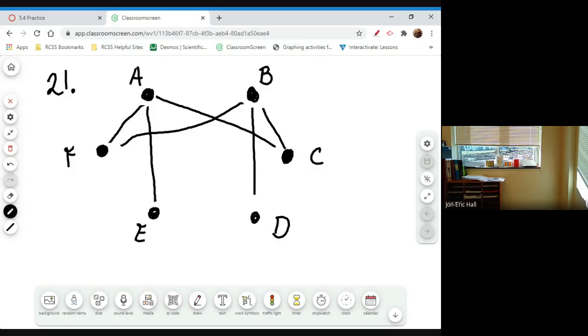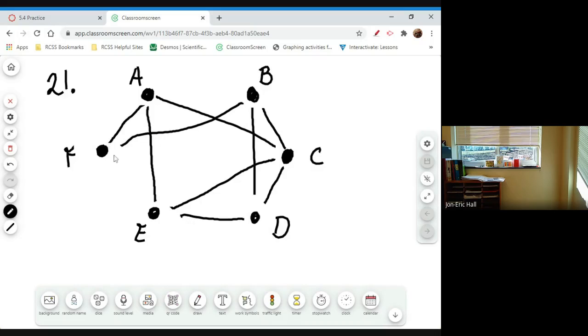C will play against every team except for F. So we've already got A and B, so C needs to come here, C needs to come here. D plays against every team except for A, so no connection there. We've got those 2.